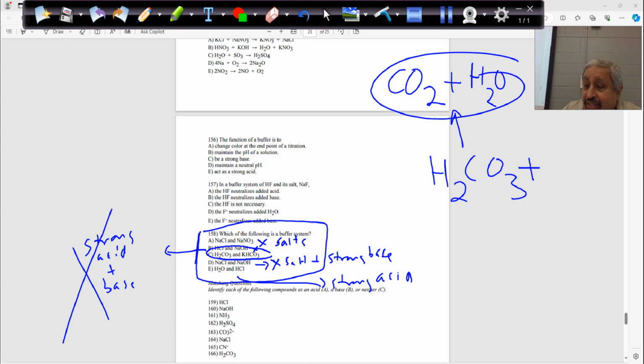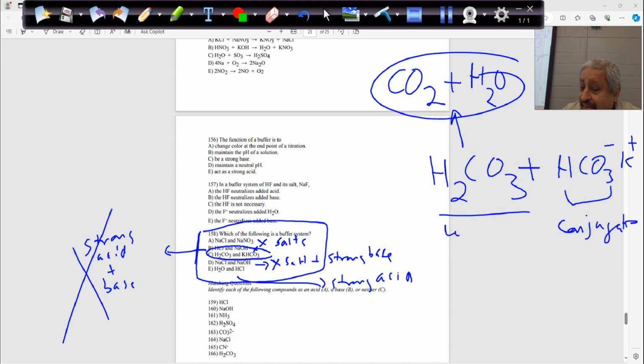And then the conjugate acid of this, correct? That would lose one H, giving HCO3 minus, and the potassium is positive. So this one here is a conjugate what? Somebody tell me. This is a weak acid. So this is a conjugate what?